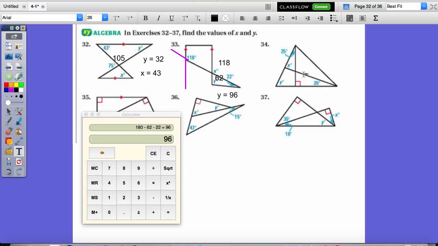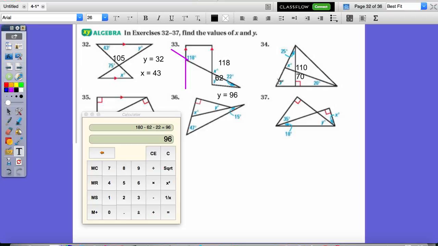Okay, more fun. We got no parallel lines here, but we have, this is a right angle, that's 20. So that's going to be 70. Okay? I'm just going to find a bunch of stuff here. If this is 70, then this part above it is a linear pair to it. It's 110.